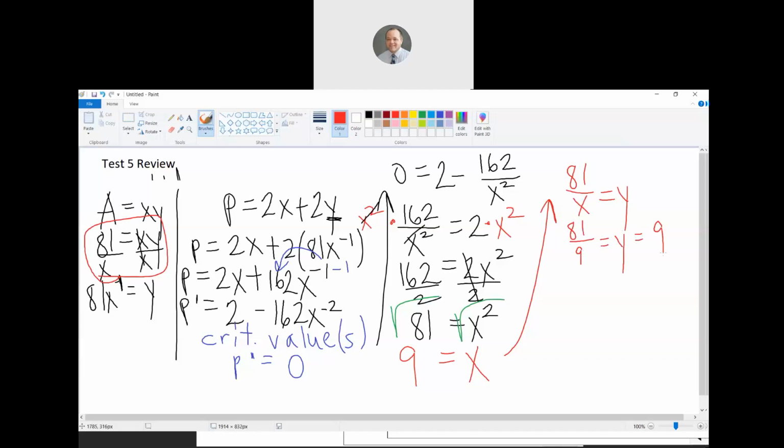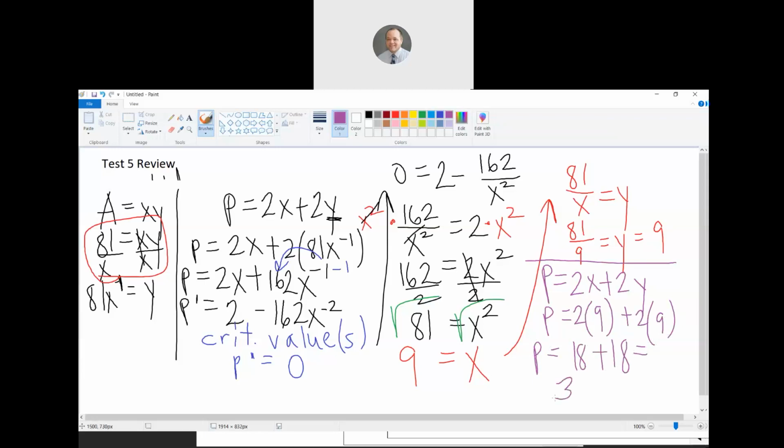The last thing we need to find is the perimeter. So go back to your perimeter formula and replace both x and y with 9. Therefore, our smallest perimeter is 36.